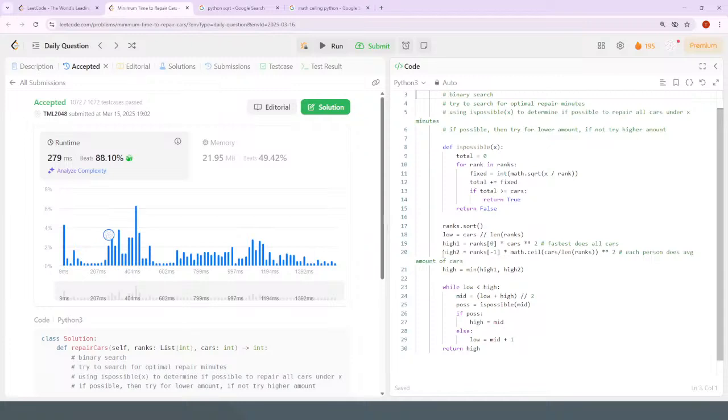Total is 0. For each rank in your ranks, divide that number of minutes by your rank, take the square root of it, and take the integer value of that.